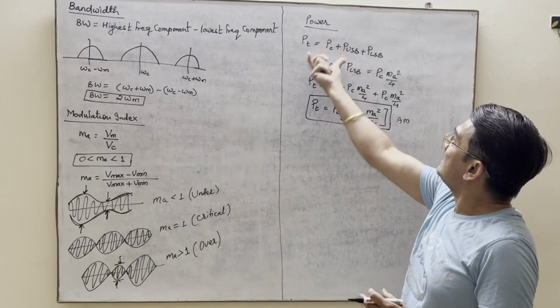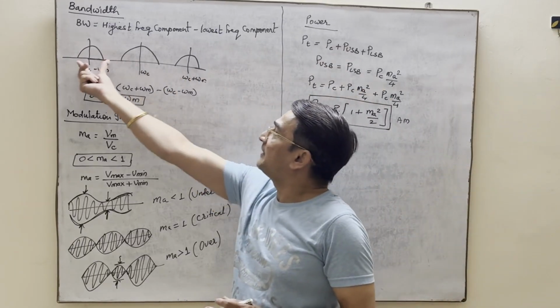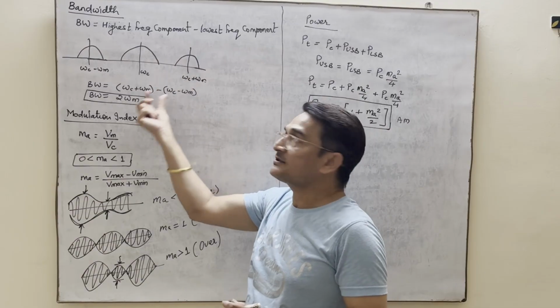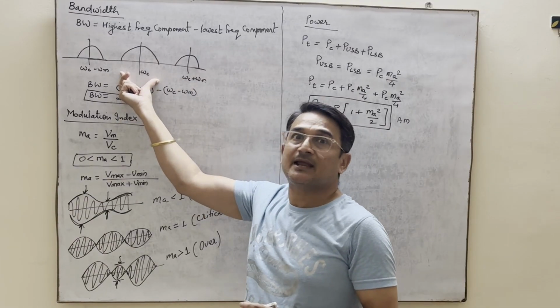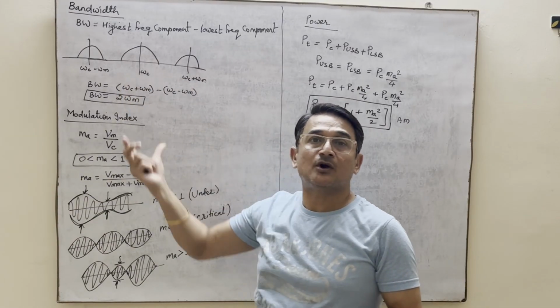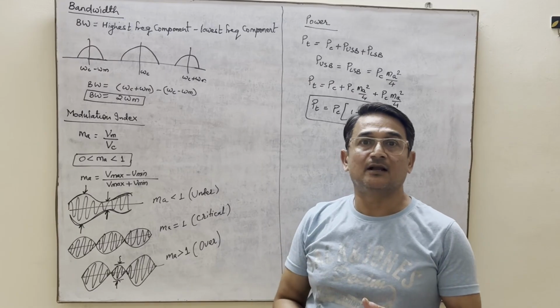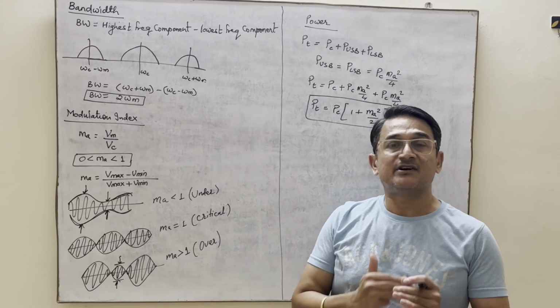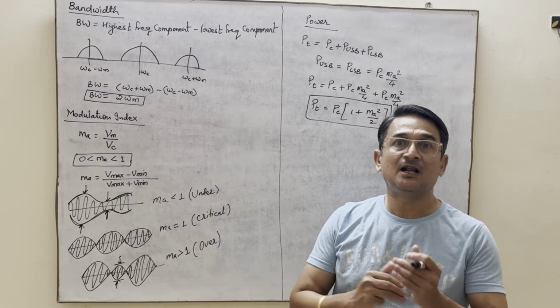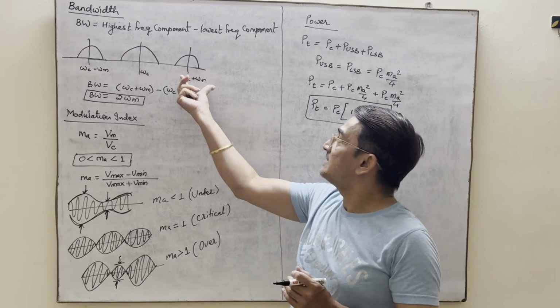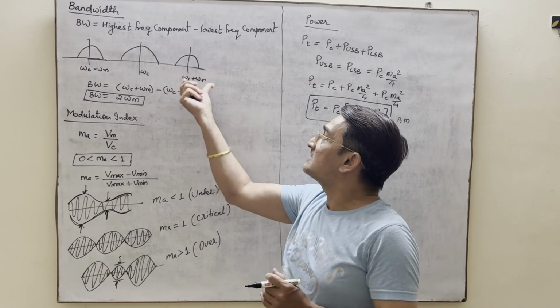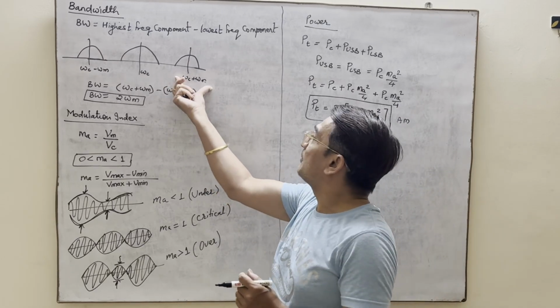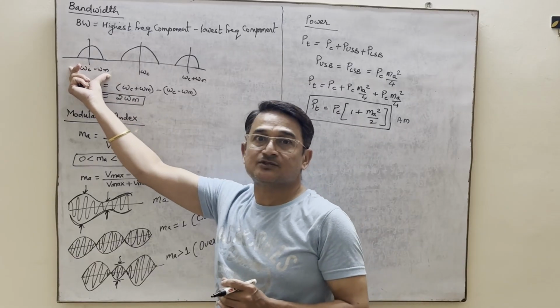Now as you can see, in these three components, the carrier component is not our desired signal. What is our desired signal? Our desired signal is the information signal which contains the frequency omega m. So that means our desired signal is only omega c plus omega m and omega c minus omega m.